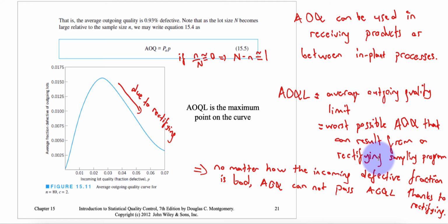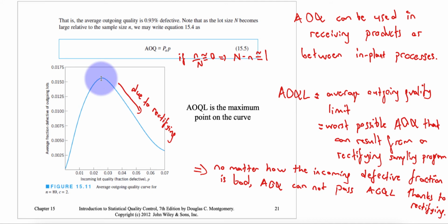So this tells us that no matter how bad the incoming defective fraction is, the average outgoing quality cannot pass that maximum limit, the average outgoing quality limit, because of the rectifying, because of the corrective action.